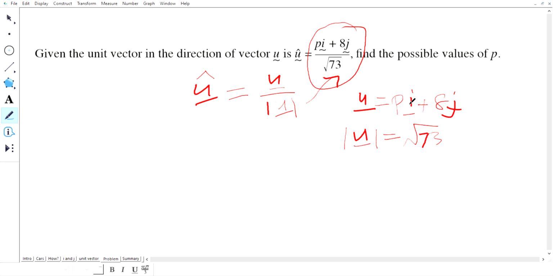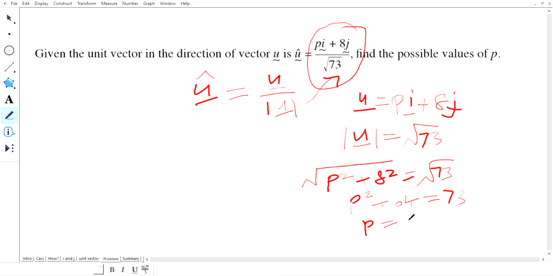Can you form an equation in terms of p? Yes, the square root of p squared plus 8 squared is equal to the square root of 73. So p squared plus 64 equals 73. p squared equals 9. Therefore, the possible value of p is 3 or negative 3.